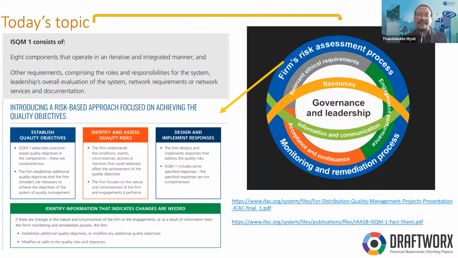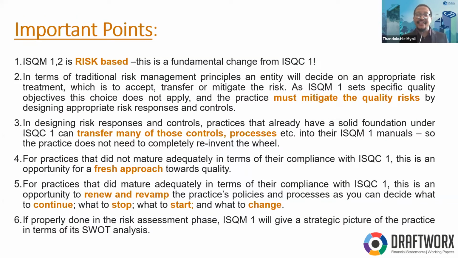This is really around what could prevent us as a firm from achieving those quality objectives that we've established. And once you've identified those quality risks, you then have to design and implement responses to those risks. So at a very high level, that's what our panelists will be talking you through this afternoon.